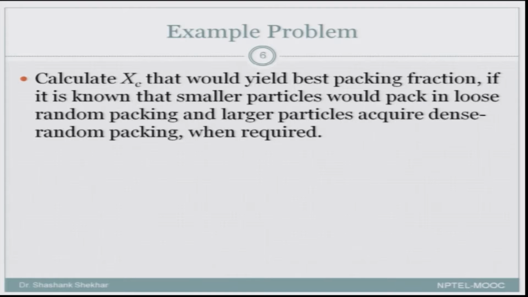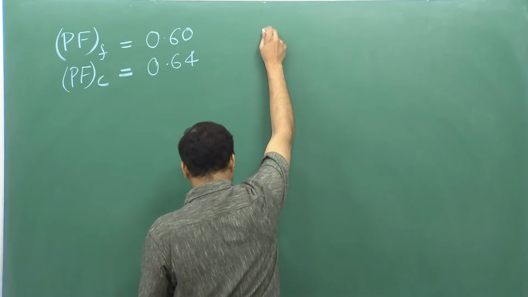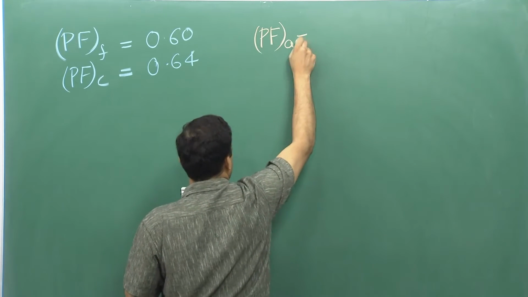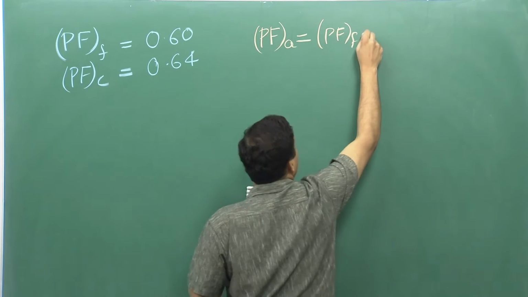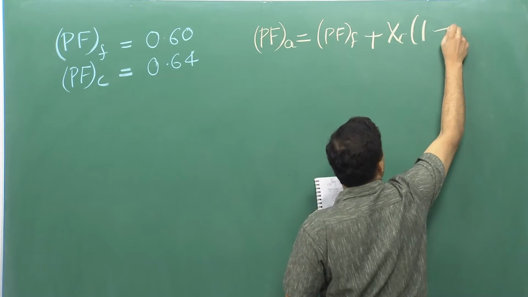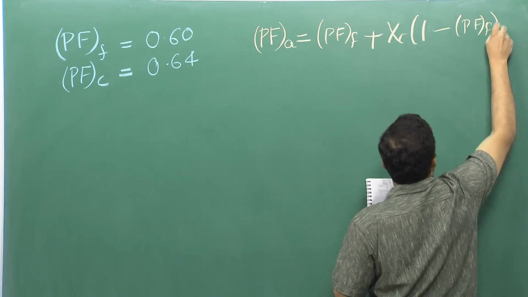So, the equation that deals with XC was like this. We said packing fraction apparent is equal to packing fraction fine plus XC times 1 minus packing fraction fine.